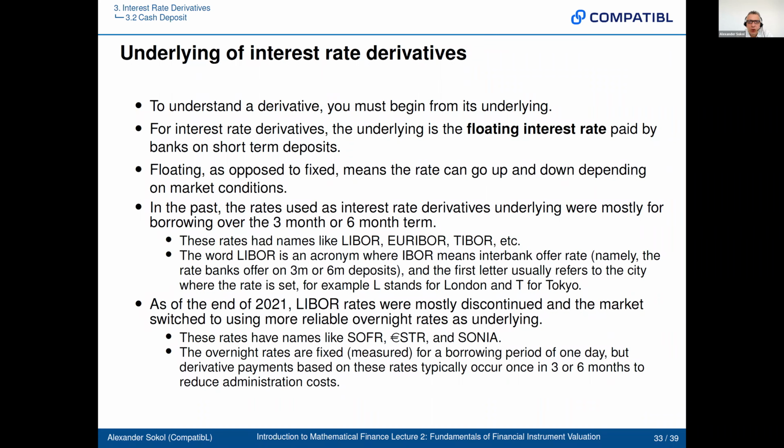So the rate on which the payments are based is observed every day and then either averaged or compounded, meaning reinvested, for the payments to occur at the old frequencies of 3 to 6 months. Only the rate observation is overnight, but the payments still have a 3 to 6 month frequency.